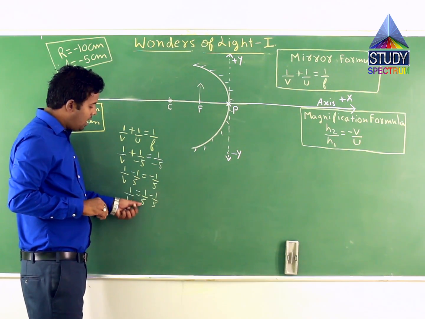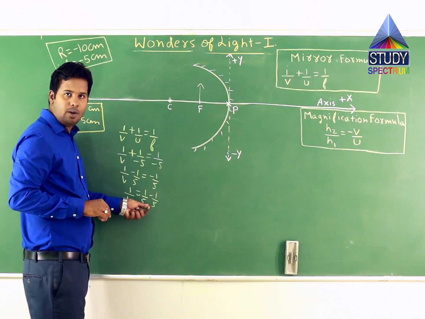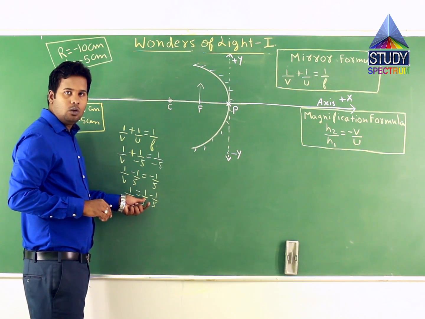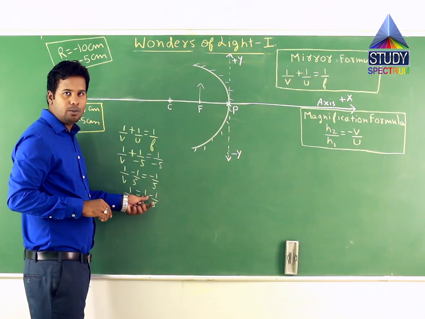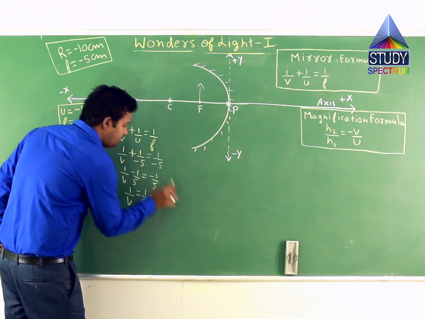Now, since the same term is being subtracted, that is 1 by 5 minus 1 by 5, same term minus same term, it will result in 0. So this will become 0.